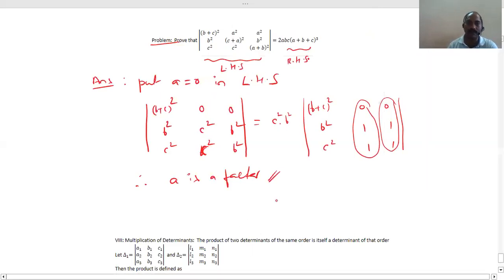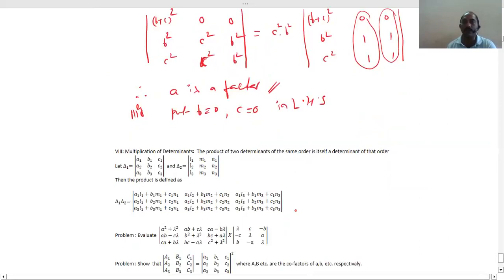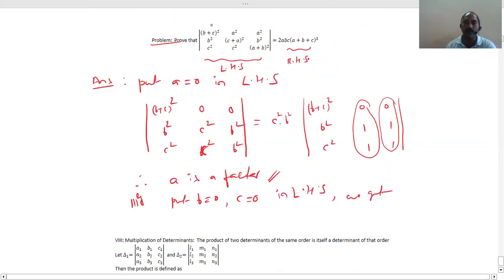Substitute, similarly, put b equal to 0 and c equal to 0 in LHS. In LHS, we get two parallel, because b equal to 0. What happened?